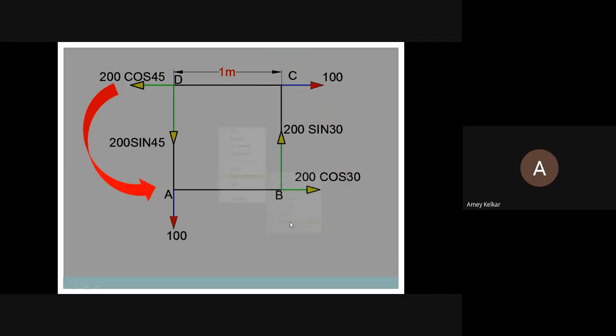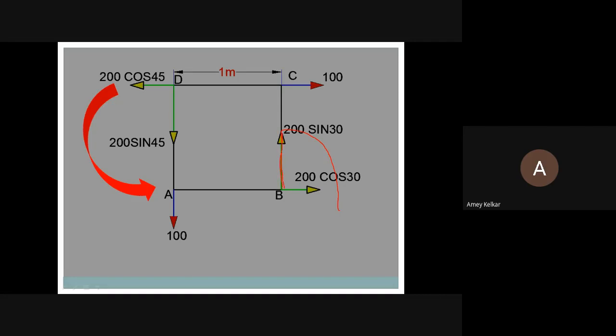So I'll erase this. Now, can anyone judge the 200 sine 30 force: how will it come towards point A, in clockwise or anti-clockwise direction? Clockwise. Now I have come up to here. I cannot go like this, because I have already gone up this way.